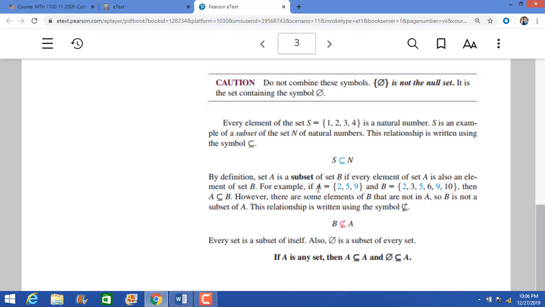Now, here's a couple of things you definitely want to remember: every set is a subset of itself, right? And the empty set is a subset of every set, okay? So if A is any set, then A is a subset of itself, and the null set or the empty set is a subset of A. Those are always true.